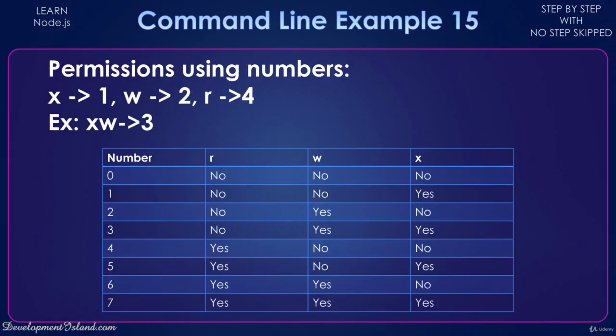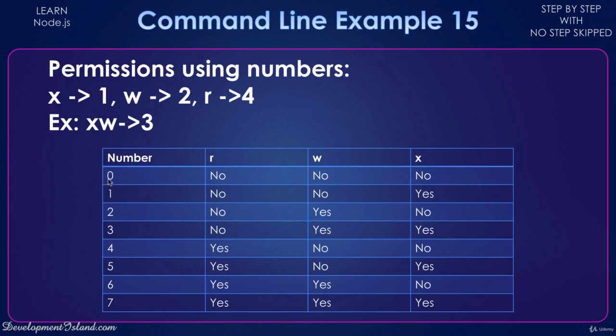So this time we want to explore the new way of dealing with permissions using numbers. This is a modern way, which is less confusing than the old style. So each number refers to a combination of permissions.